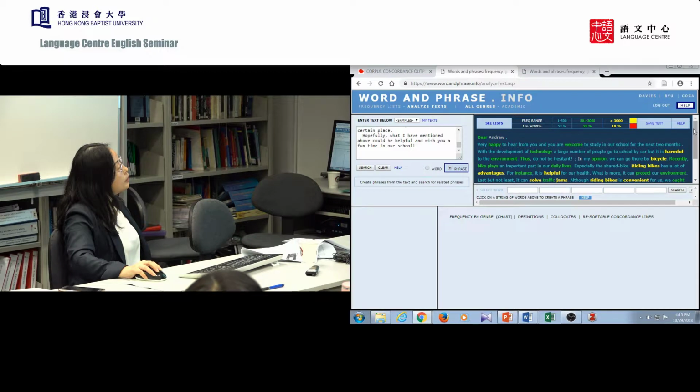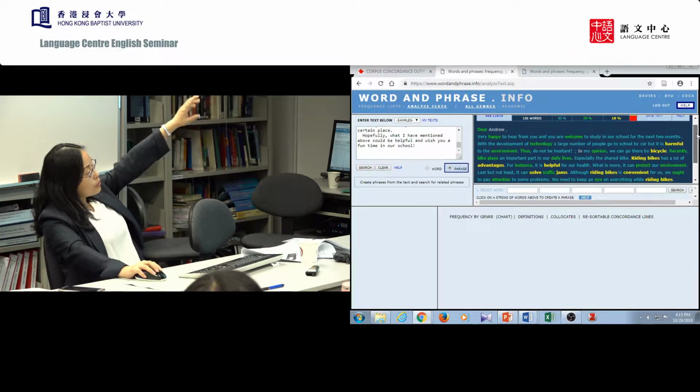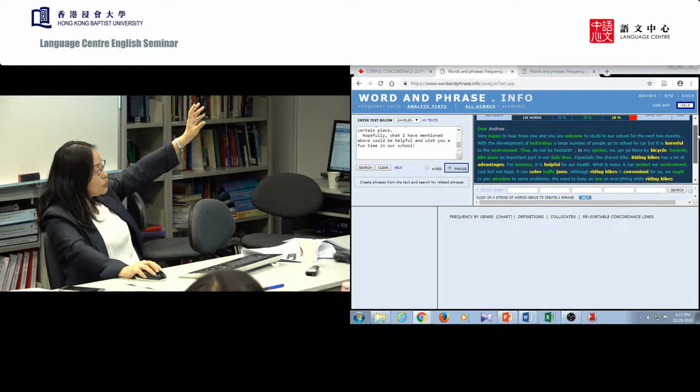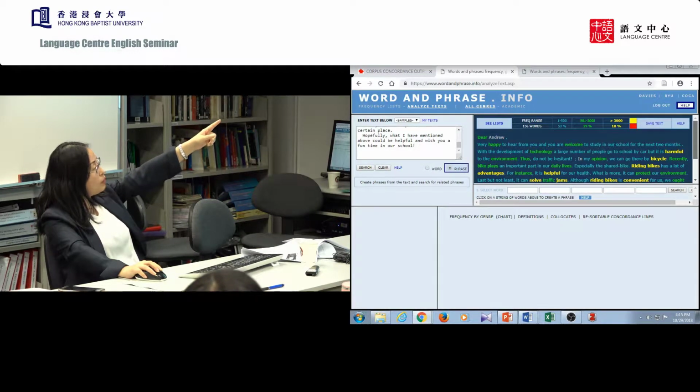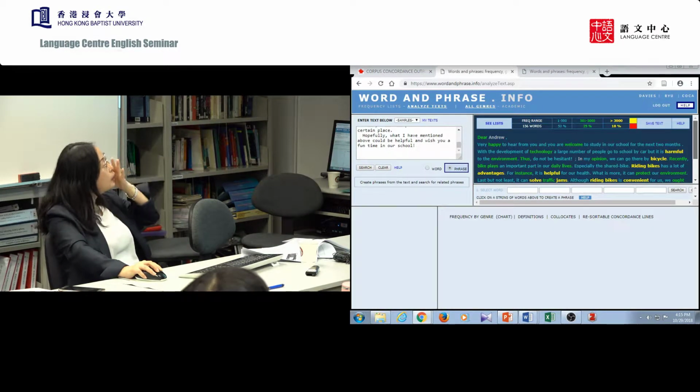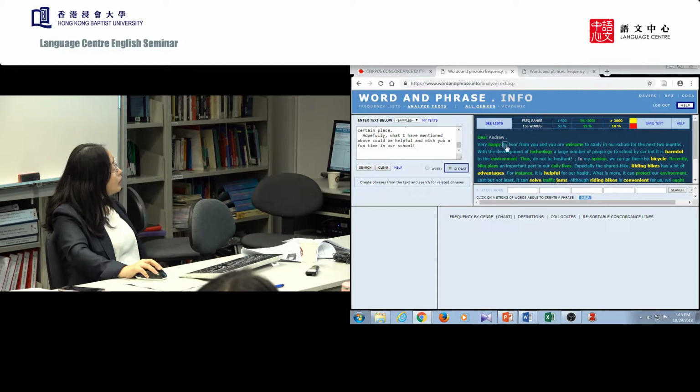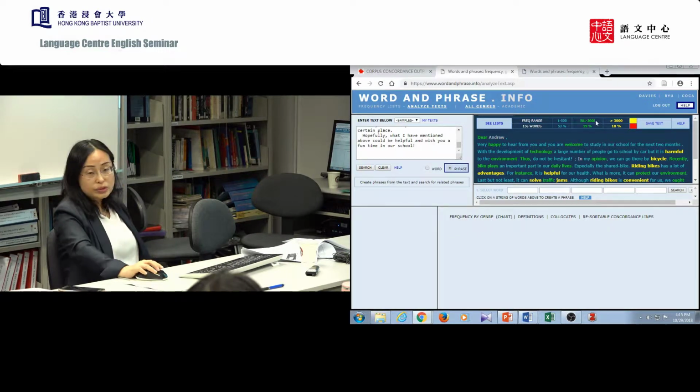You can see that this function actually is slightly similar to what is available in LexTutor. It can help you to analyze the frequency levels of the words students used. So the dark green ranks from the 500 frequency words, and the light green is from 500 to 1,000 word families.